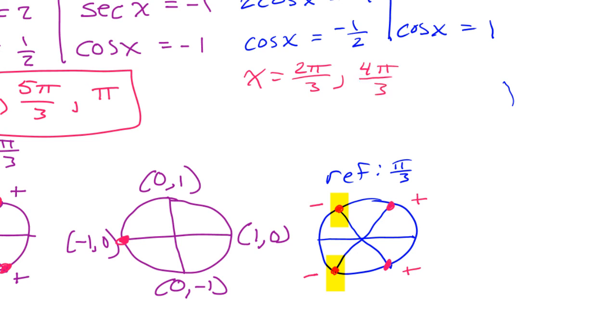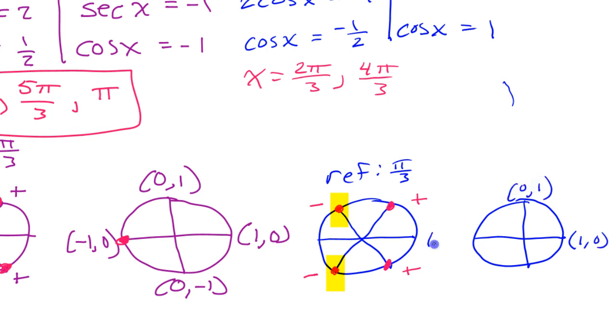All right, in addition to that, we are going to solve the equation cosine x is equal to 1. For that, we will look at the quadrantal angles, which go like this: (1, 0), (0, 1), (-1, 0), and (0, -1).